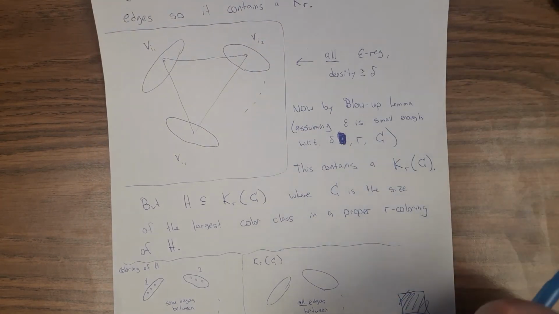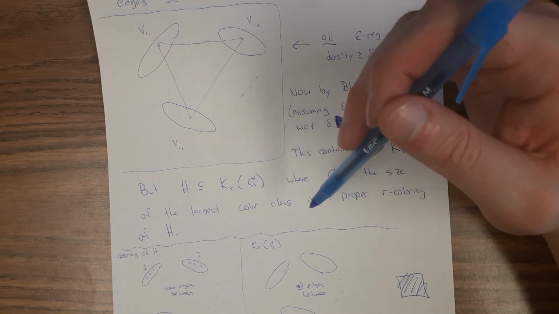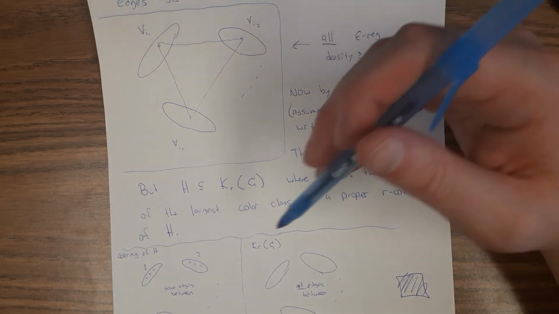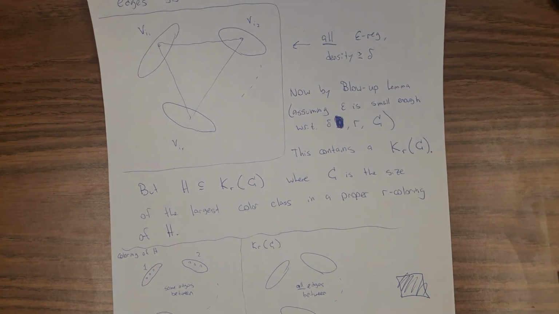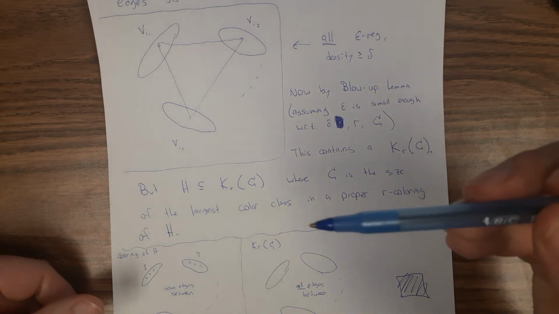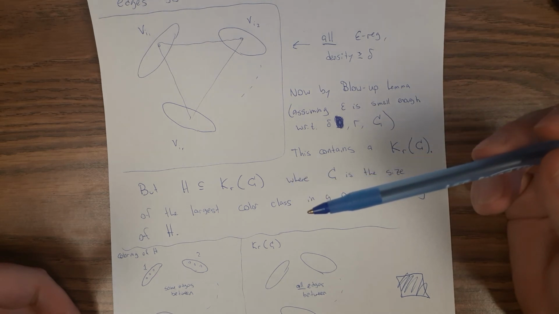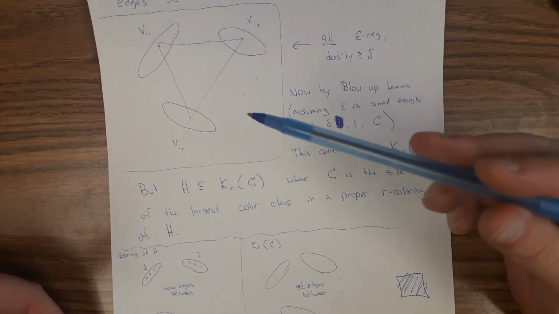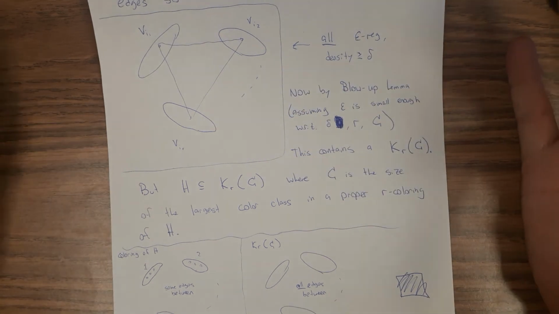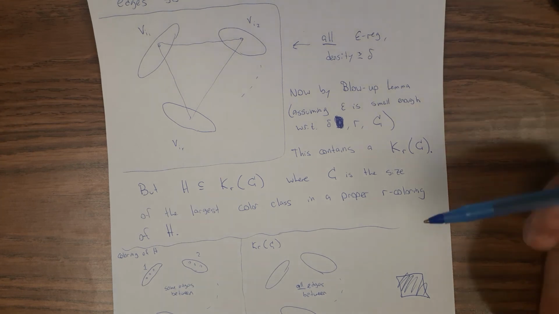And, well, now I'll tell you what C is. We're going to let C be the size of the largest color class in a proper r-coloring of H. The point is, we're trying to show that this graph contains H, right? We're talking about the extremal number of H, and we're assuming that this graph has a certain number of edges that we're claiming is going to guarantee that it contains H as a subgraph.